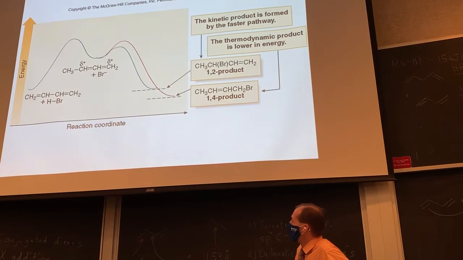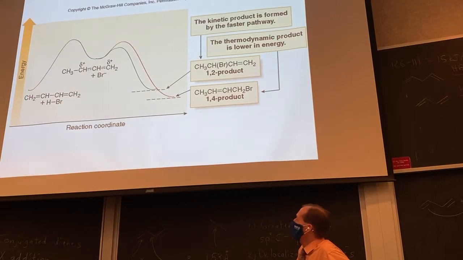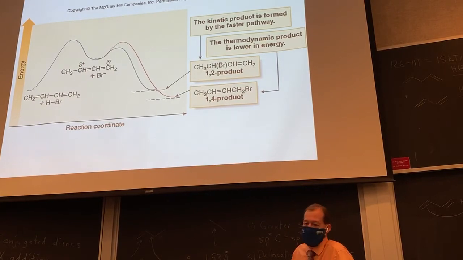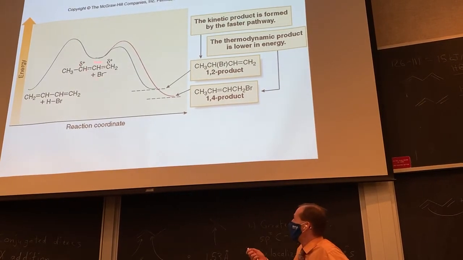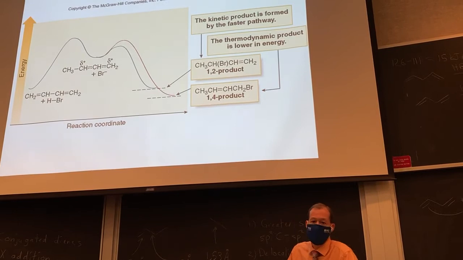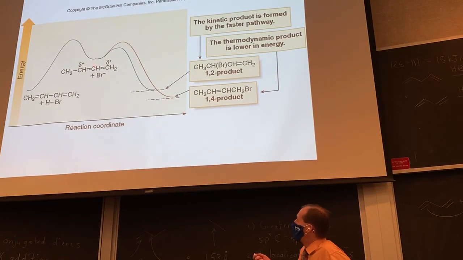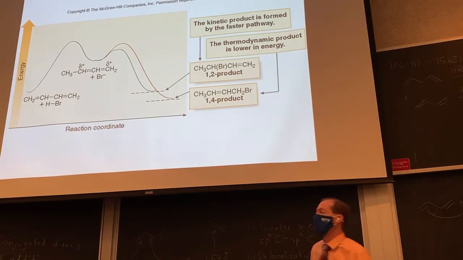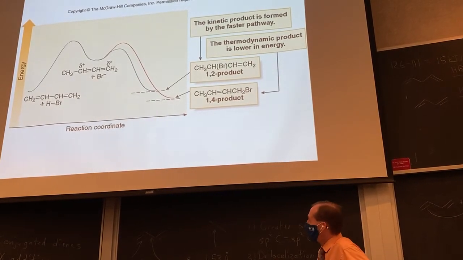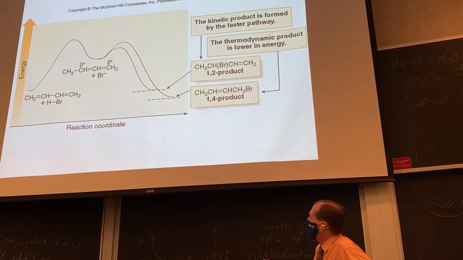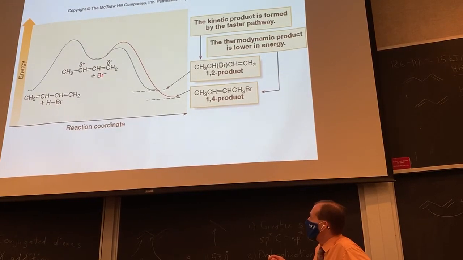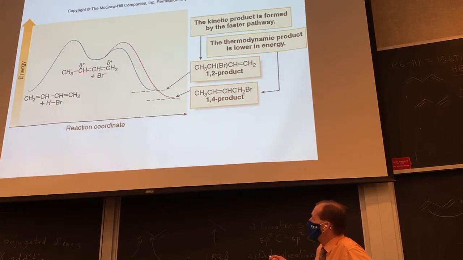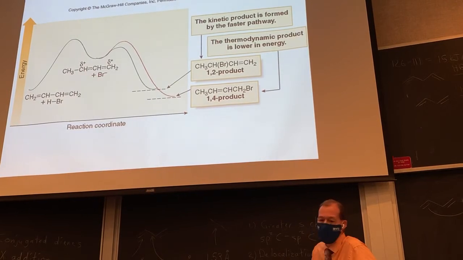Okay? So we only have one pathway leading from the 1,3-diene to our resonance stabilized allylic carbocation, and you see we've drawn the hybrid structure for you here in this case. And then two pathways that lead from that intermediate to the products. Now, I wish that when they drew this figure, they had drawn the bromide adjacent to this carbon instead of over here.